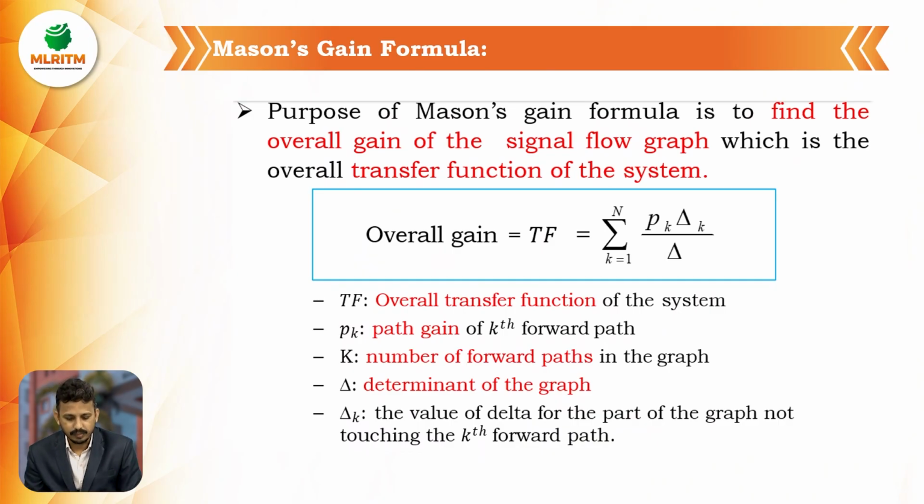Next, the most important concept is Mason's gain formula. Mason's gain formula is used to find the overall gain of a signal flow graph, which is the overall transfer function of a system.